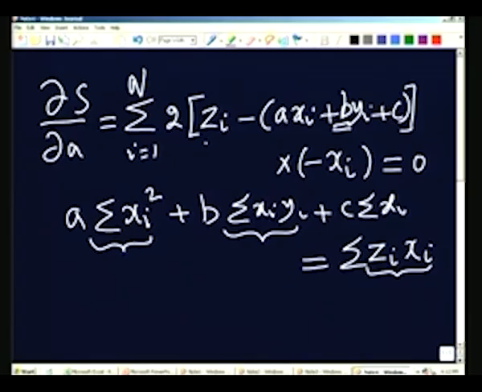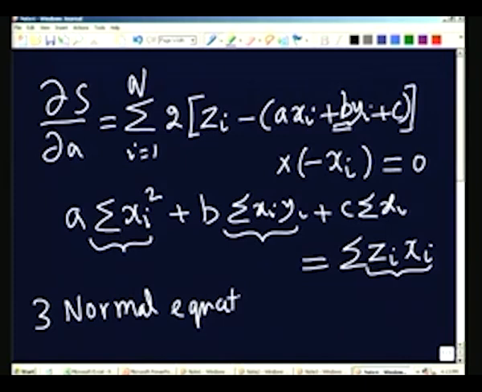So, it will be just a sigma xi plus b sigma yi plus c times n, the number of data, equal to sigma z. So, three normal equations are written down and solved to get a, b and c.